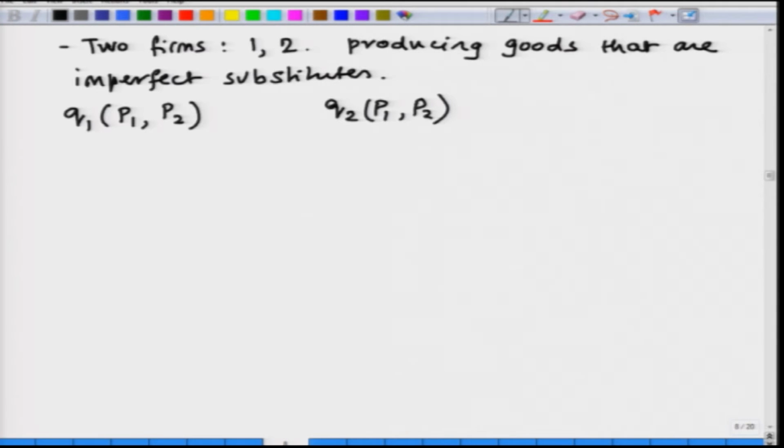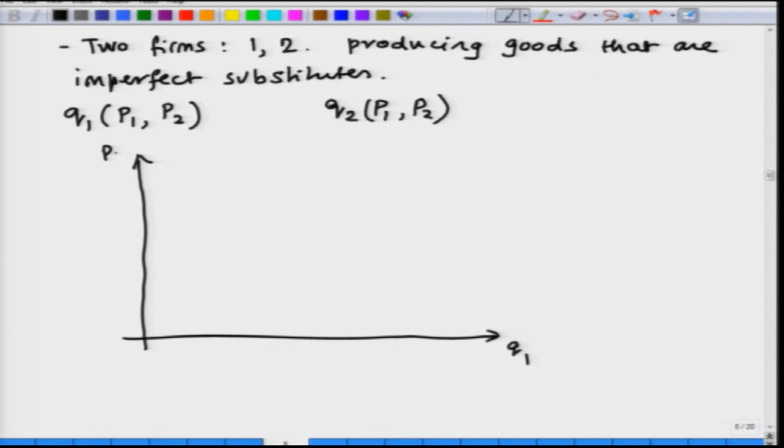Okay. Now, let us look at firm 1's Q1 and P1. With respect to its own price, I have the standard downward sloping demand curve, right. So, I am going to call this Q1, and let us say the price of firm 2's product is P2A, right. So, if firm 2 were to price its product at a level P2A, I can get firm 1's demand curve.